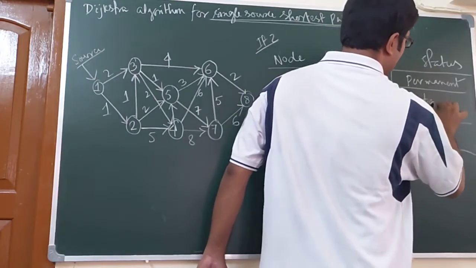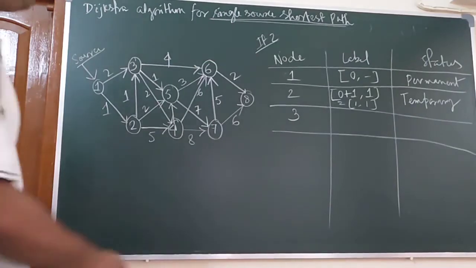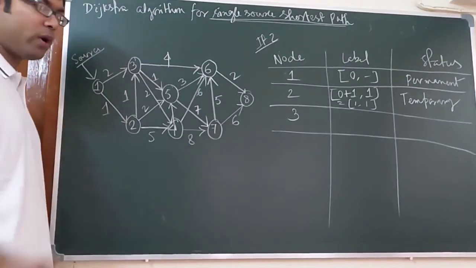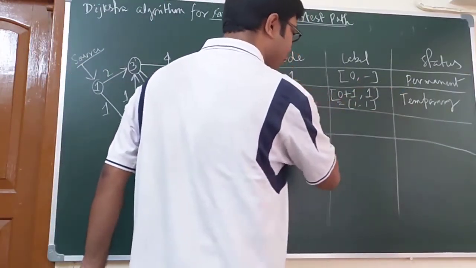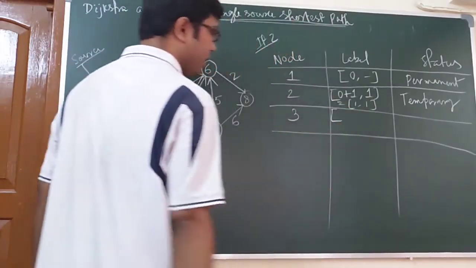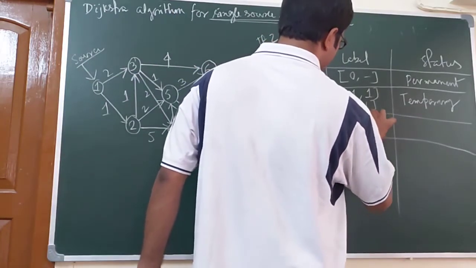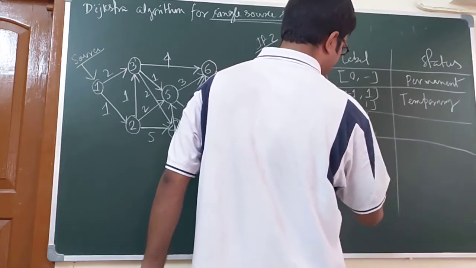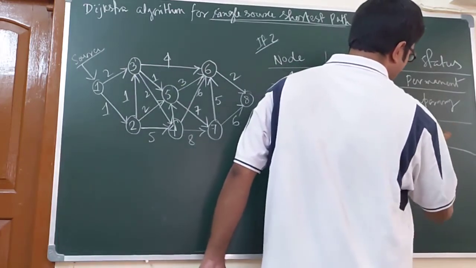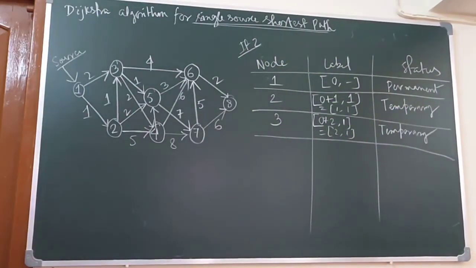Its status is temporary, because there may be some better route from the source vertex. That's why we initially make the status of node 2 temporary. Node 3 can also be accessed from node 1, so 0 plus 2, giving 2, 1, and its status is also temporary.